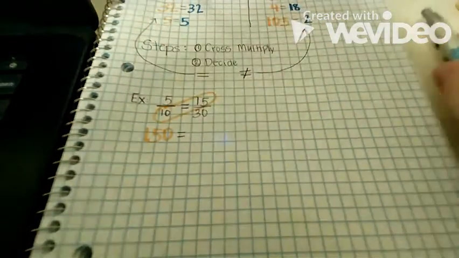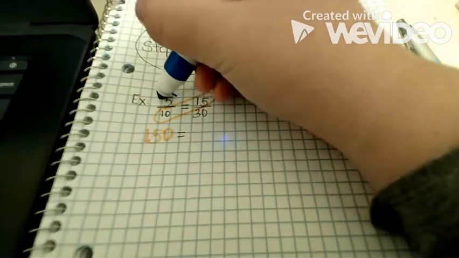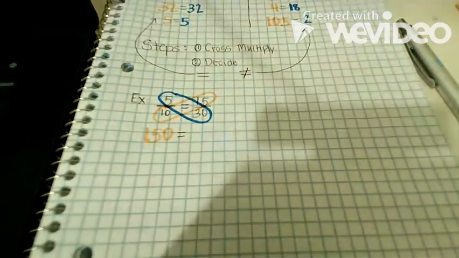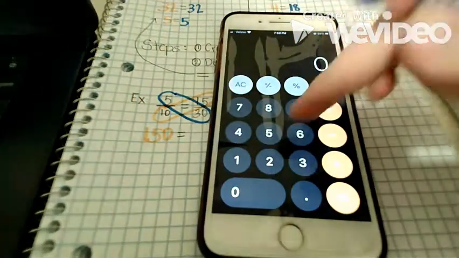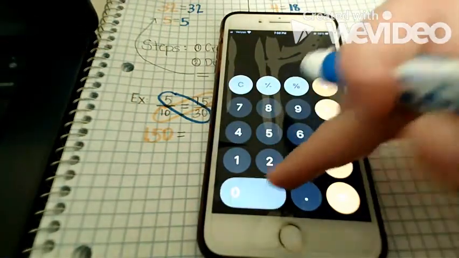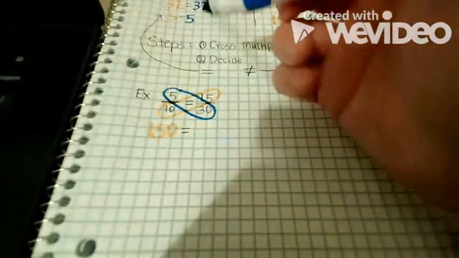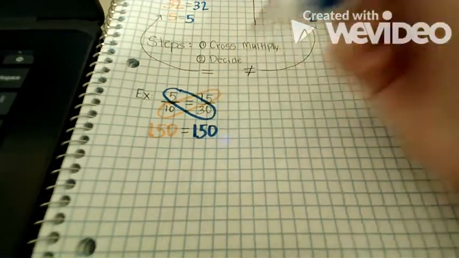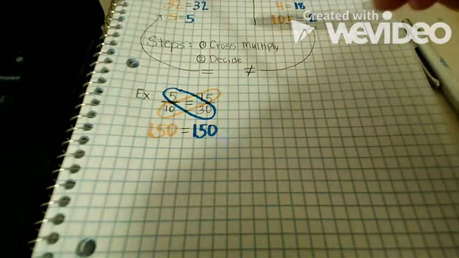Now I need to do the other one. We're going to cross multiply the numbers that are across from each other. So the 5 and the 30. Okay, let's try it. 5 times 30 is 150. Okay, here's where all these notes up here come into play.